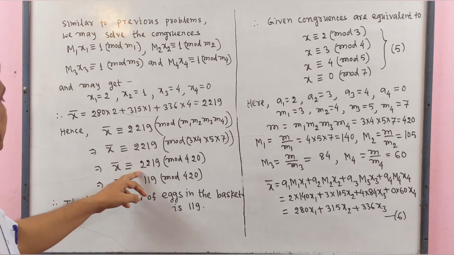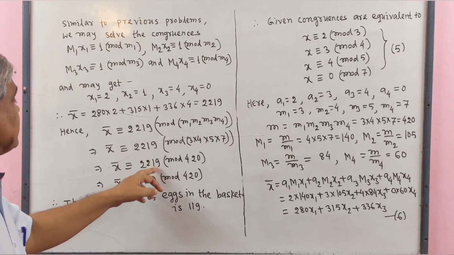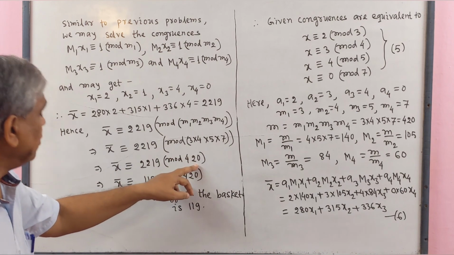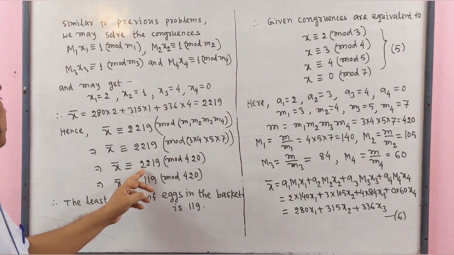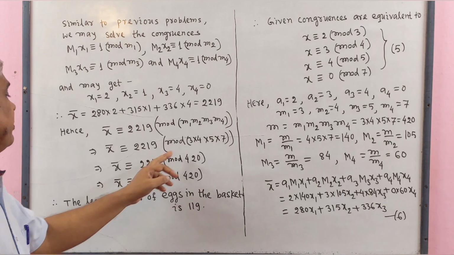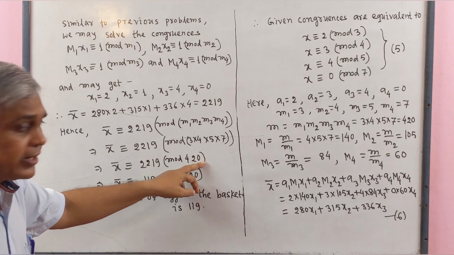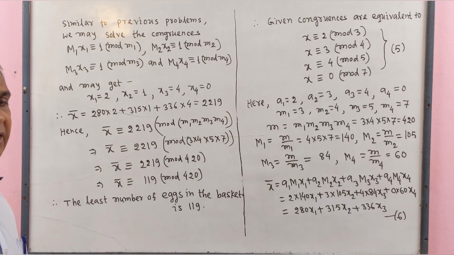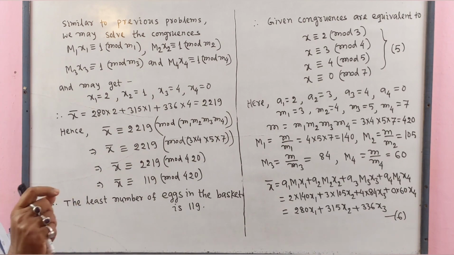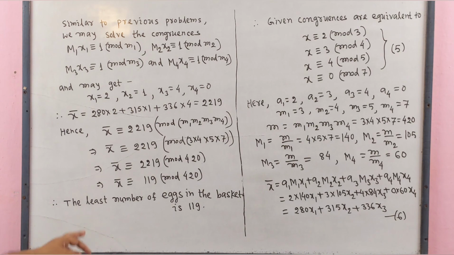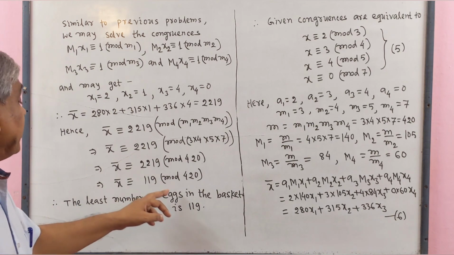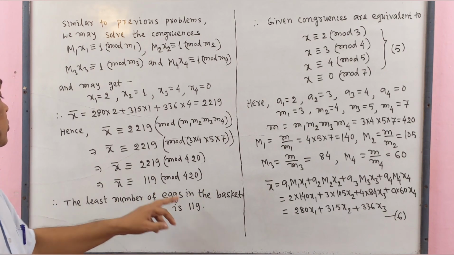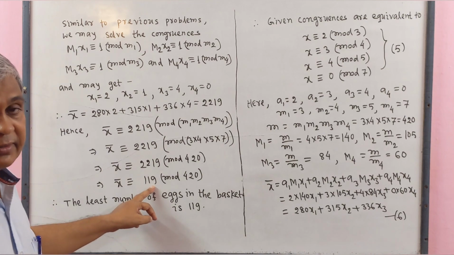Since 2219 is greater than 420, so we divide 2219 by 420, we get remainder 119, and therefore we get the least number of eggs in the basket is 119.